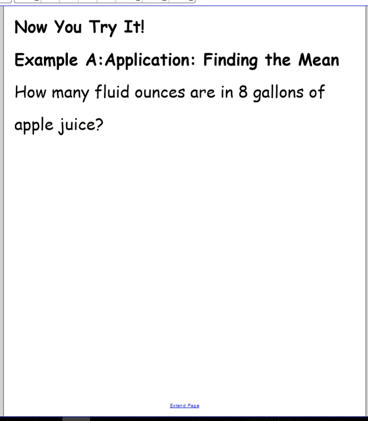So pause the video and try it out, and then resume the video and check your work. I'll go ahead and use those unit fractions just to make sure that I remember and you can see whether we're multiplying the numbers that we're using or dividing them.